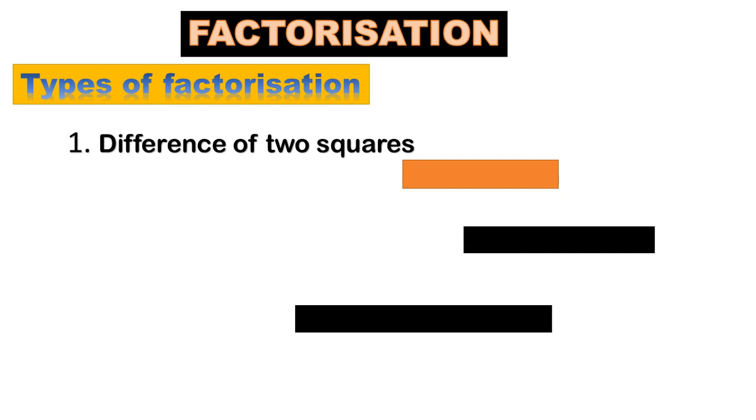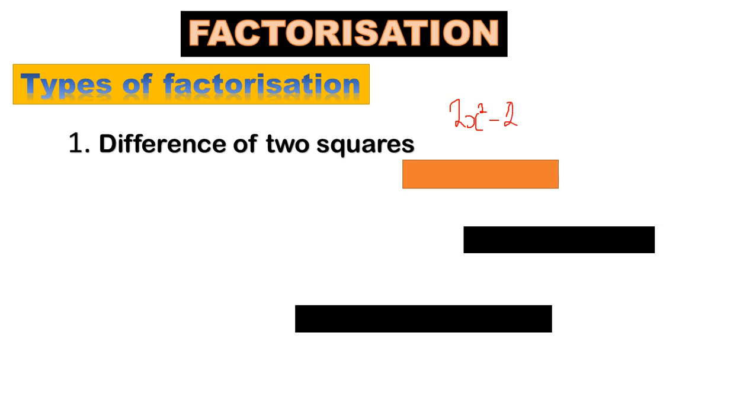Now how do you identify that this expression is a difference of two squares? Only if you've been given two terms. For instance, I can give an example of 2x squared minus 2.